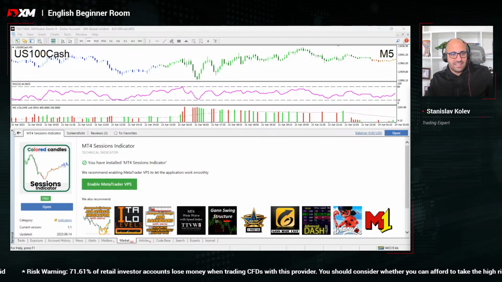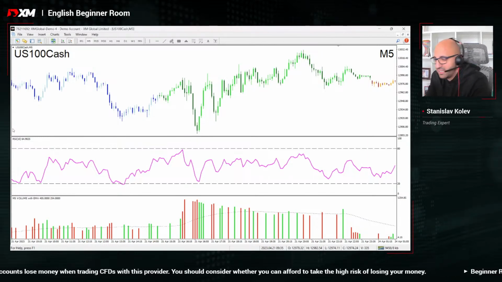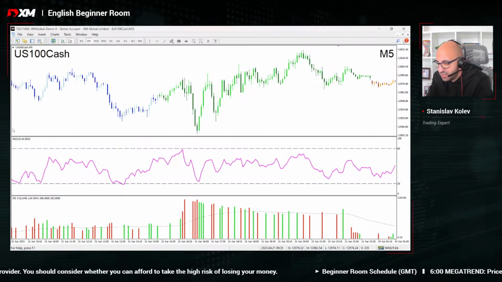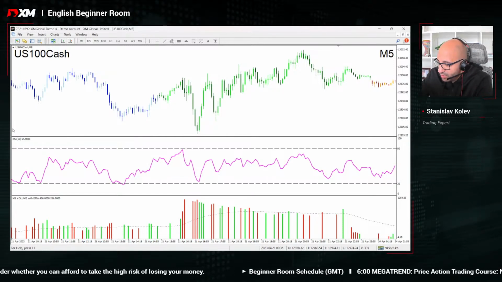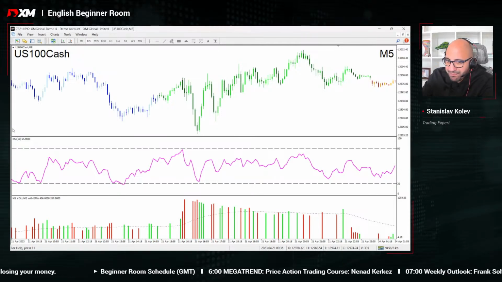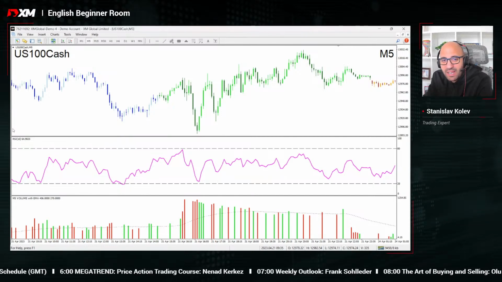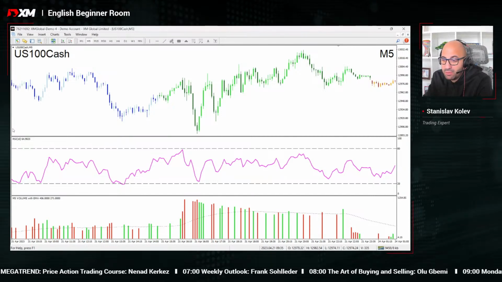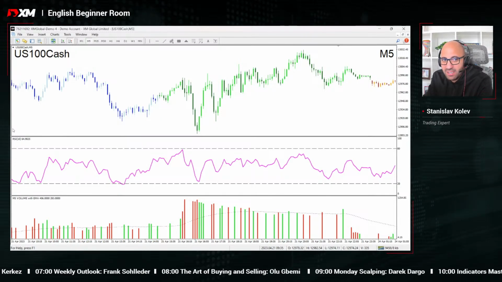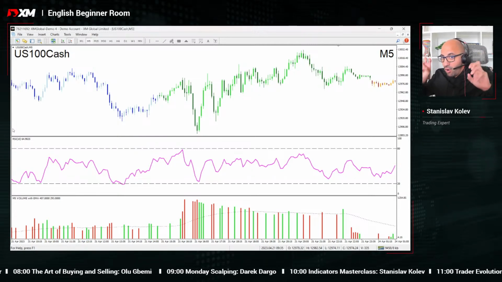So, and RSI. The logic here is the following. Because most of the time the market is on a bullish trend, on upswings, we want most of the time to be buying equities. And we want to buy equities, and we want to buy the Nasdaq whenever the RSI with a period of 10 gets oversold.